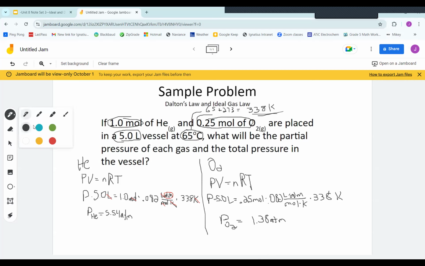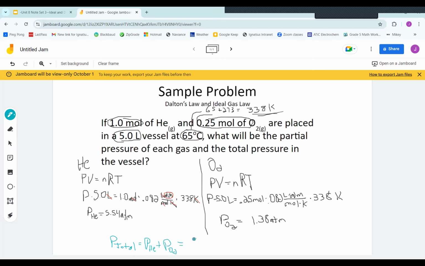Now for the Dalton's law piece. In this sample, there are 2 types of gases. They don't mention any other type of gas besides the helium and the oxygen. So Dalton says, if you want the total pressure and you know the partial pressures of each individual gas, simply add them together and you get your total.